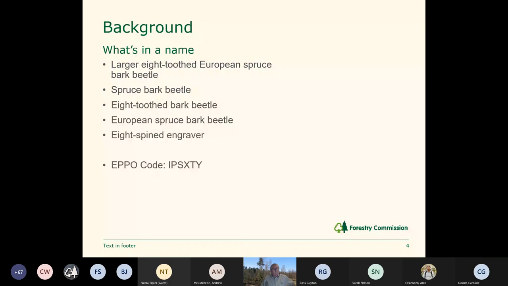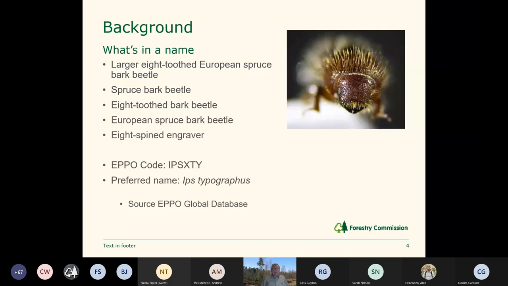So helpfully, it has its own code, the EPO code, so that we all know exactly what we're talking about, and is more widely known by the scientific name Ips typographus. But there are also 2 other recognized scientific descriptions of this beetle. It's a bark beetle.